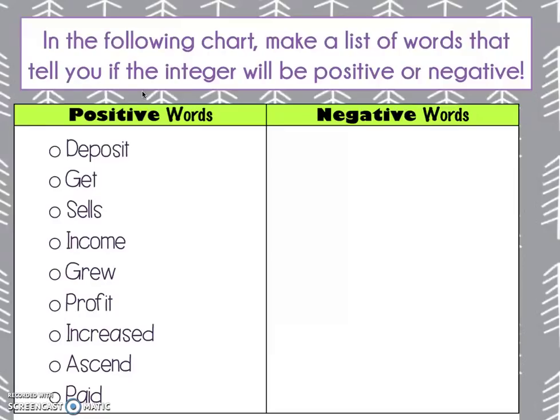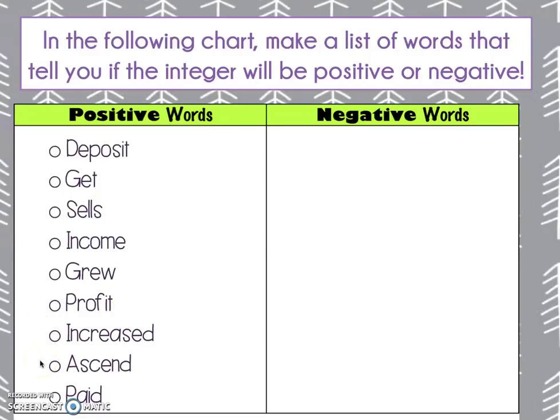If you sell it, typically when you sell things, you're making money, so we consider that a positive. Income is money that you make, so that's a positive. Grew, if you grow 5 inches, that's a plus 5 inches. Profit is the extra money you make on top of selling something, so that's a positive number. Increased.